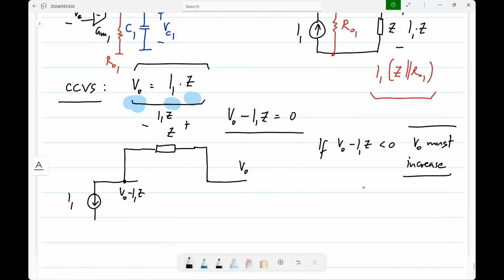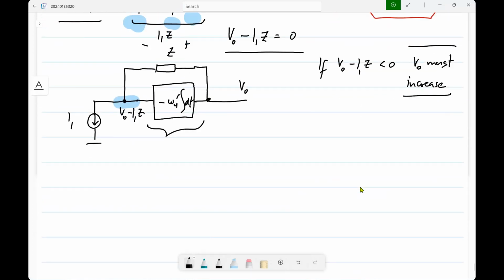So you use an integrator to drive the output, but here if this voltage is negative, the output must go on increasing, so it must have a negative polarity, something like this. Now what is the integrator? Basically that is the opamp, right? Yeah, we'll get there.